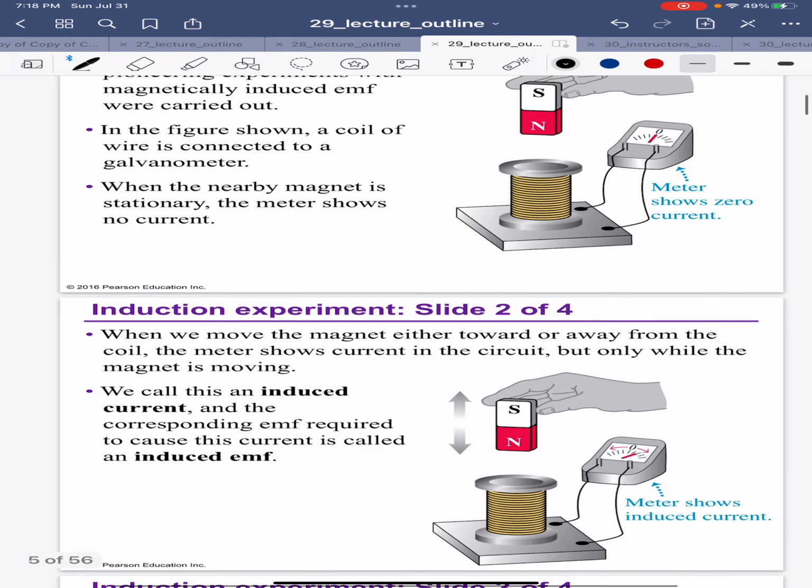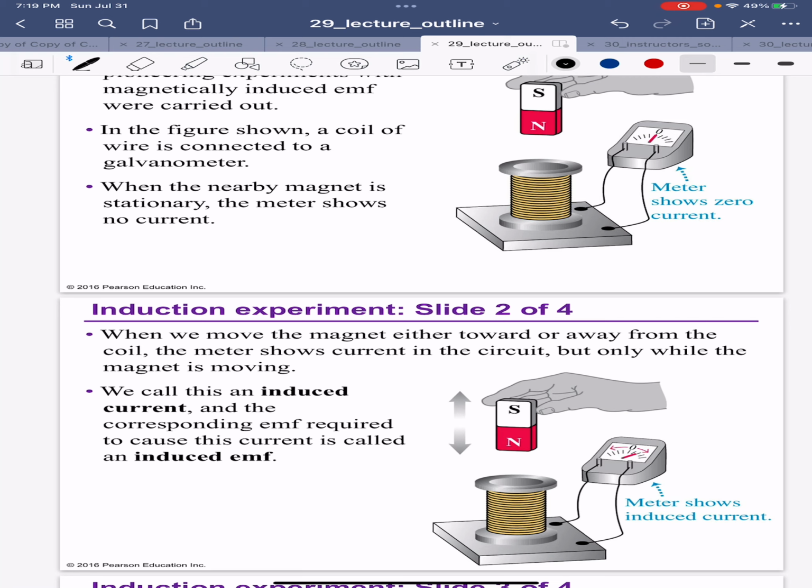And here we can see again that we have now the North Pole facing the coil, and we will see that there is going to be an induced current because there is motion.